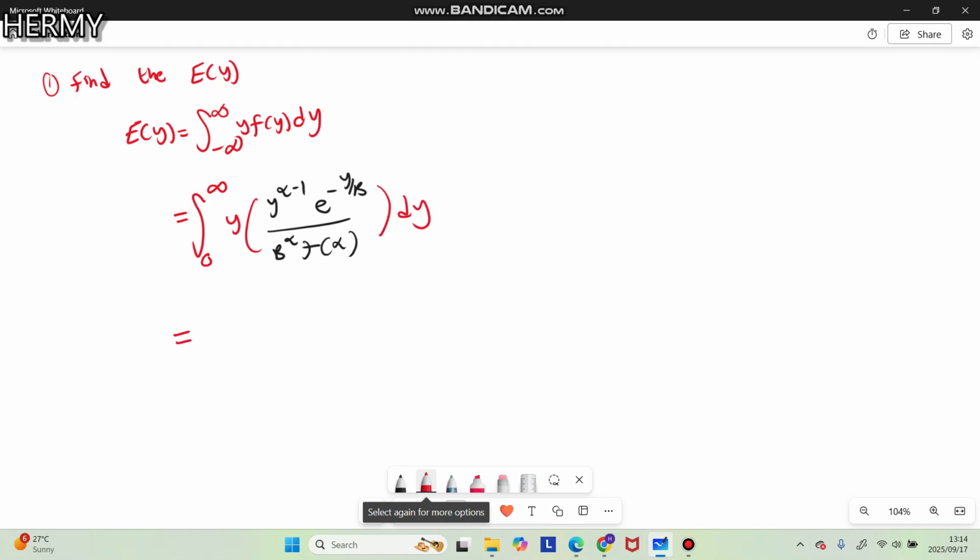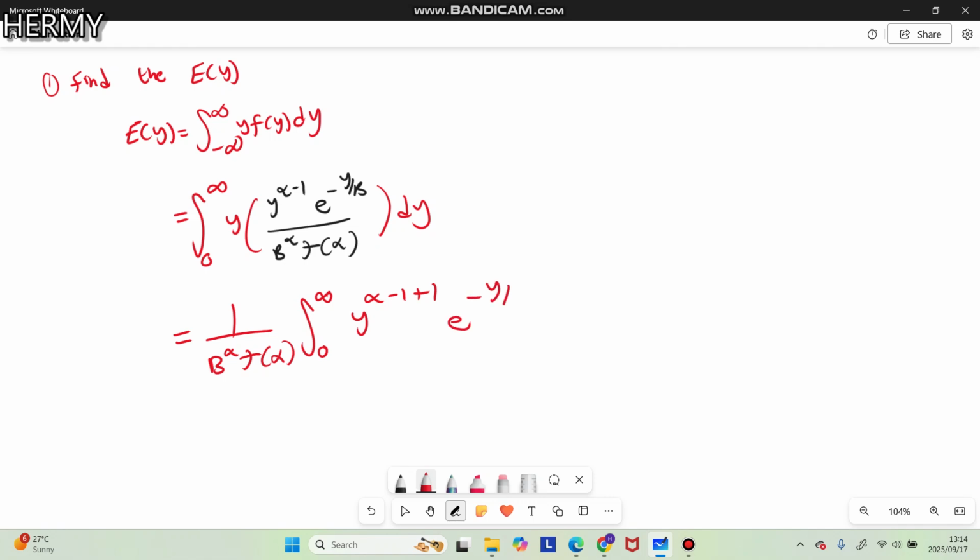Then what you're going to do is take out the common factor. The common factor is 1 over beta to the alpha, gamma of alpha. Then the integral from 0 to infinity; for powers of the same base, you add the exponents. So it's y to the power alpha minus 1 plus 1, because we added this plus 1, then e to the power negative y over beta dy.